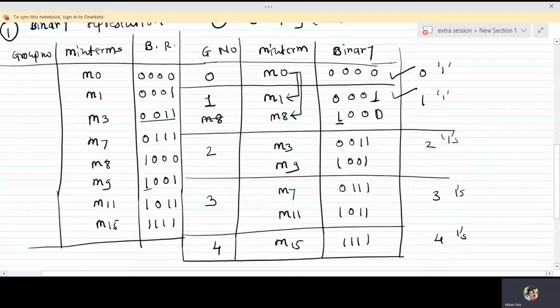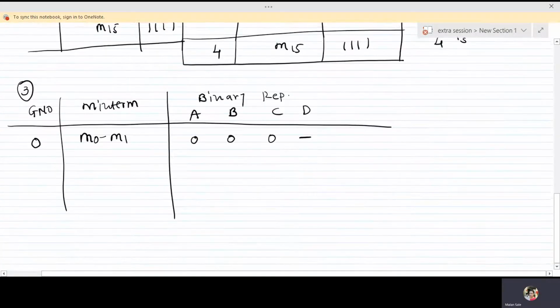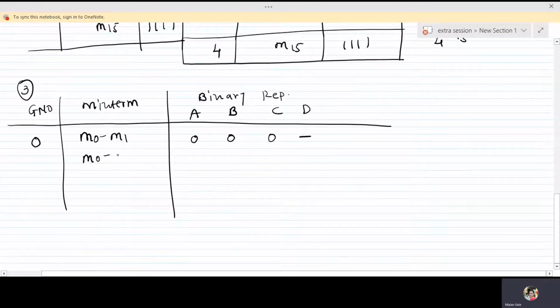There is one bit change between M0 and M8, so we can make a pair of M0 and M8. As M8 is coming in the pair, put a tick mark and replace the changing bit with a dash. Now my next pair is M0, M8 and the bits are dash, 0, 0, 0.